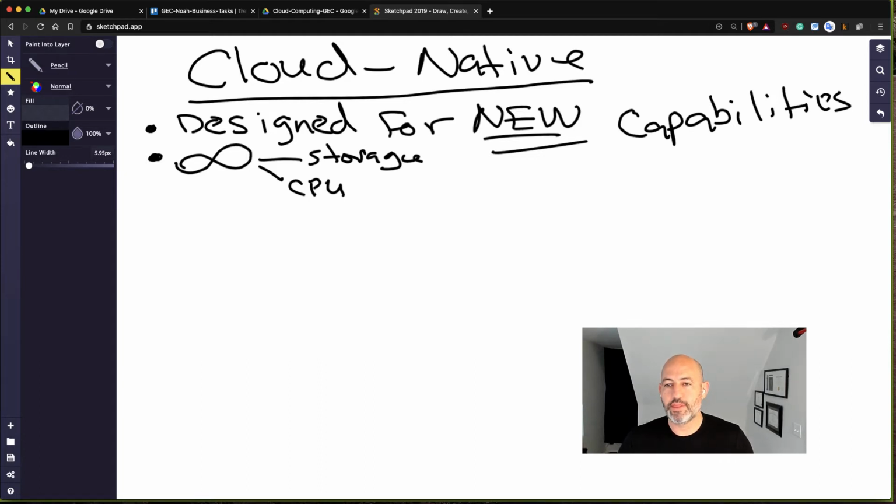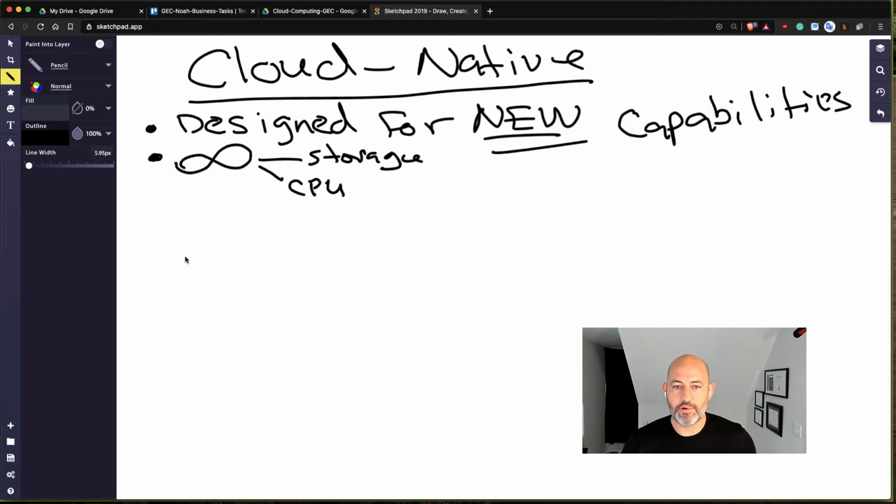Another example would be web frameworks. This used to be a big thing in the early days of 2000 and beyond, where someone would build some kind of web framework that would talk to a relational database, and that relational database would be the source of truth, and then you would grab some HTML and render out the page. That's also not a cloud native technology.